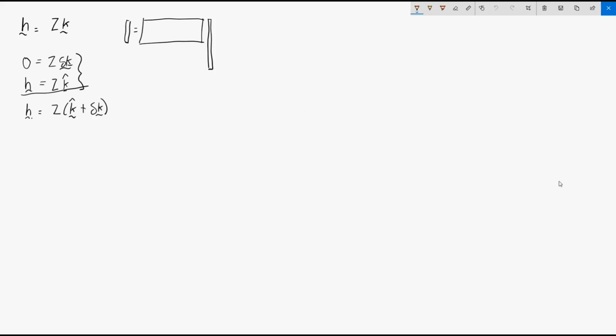I want to discuss a concept called the generalized inverse. I'll write that down. Generalized inverse.